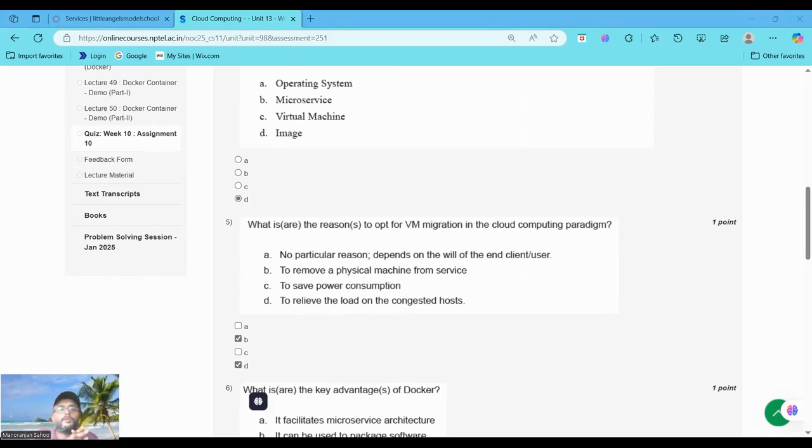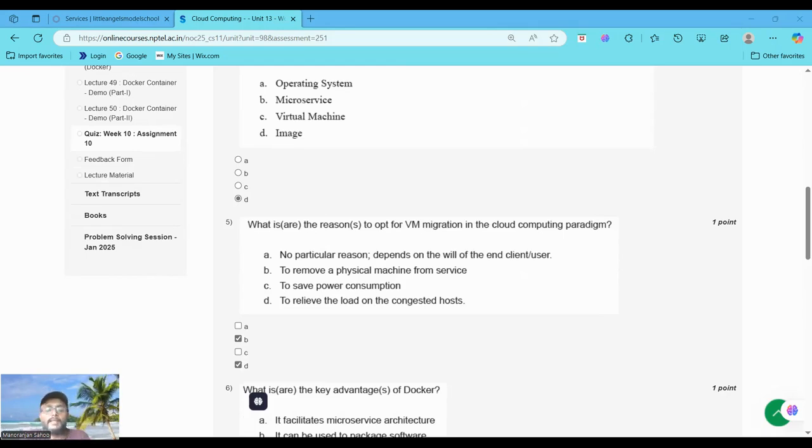So why do we choose B? Because VM migration is used to decommission physical servers, that is for maintenance, upgrades or hardware failures. And option D is also correct because of load balancing, migrating VMs from the overloaded host to idle ones, optimizing resource usage. But A is incorrect because VM migration is never arbitrary.